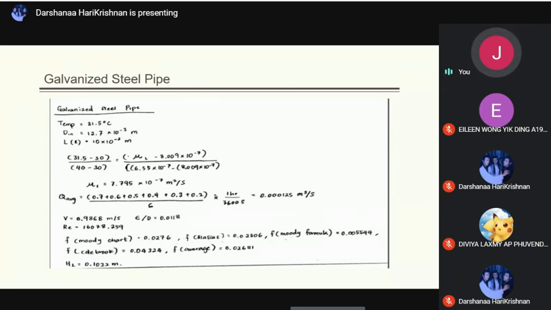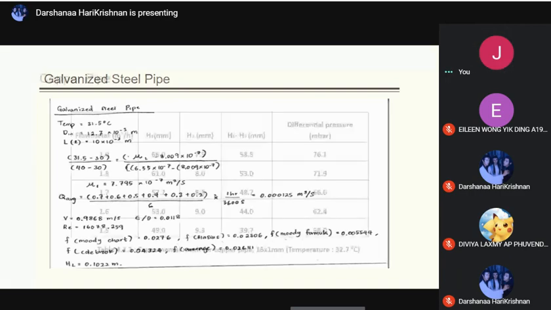From the Moody formula we have 0.005544. From Colebrook we have 0.04324, and the average we have 0.026111. So the head loss that we have calculated for galvanized steel pipe is 0.1022 meter.